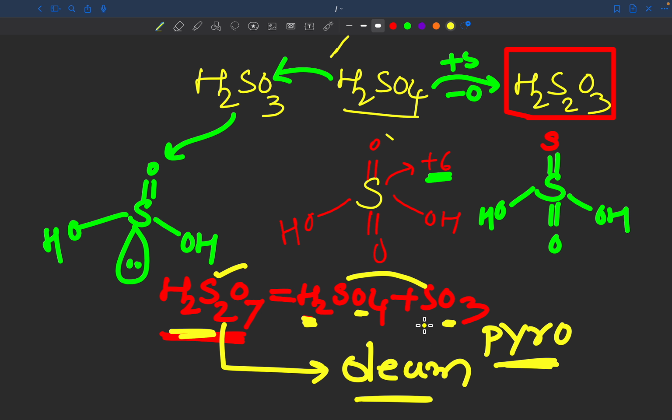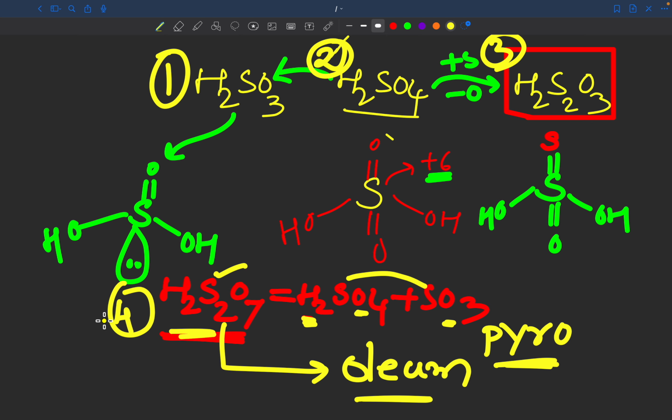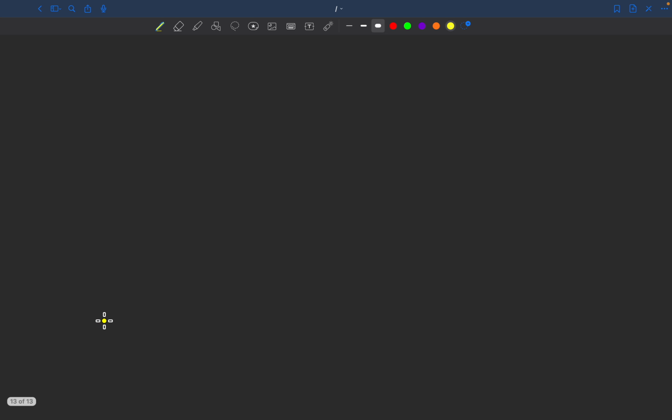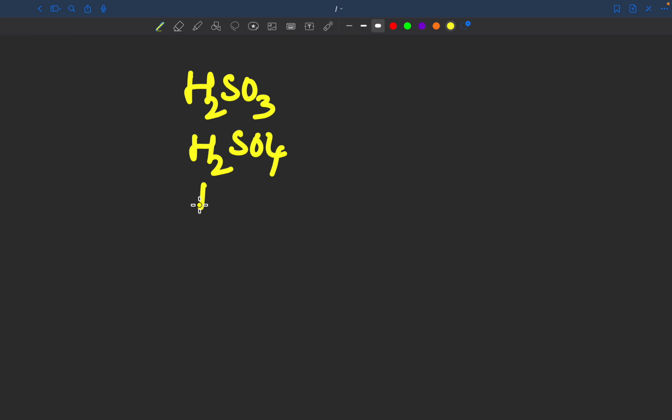So these are the 4 acids: sulfurous acid, sulfuric acid, thiosulfuric acid and pyrosulfuric acid or oleum. I'll write them here. First one is H2SO3. Next one H2SO4. Next one H2S2O3.